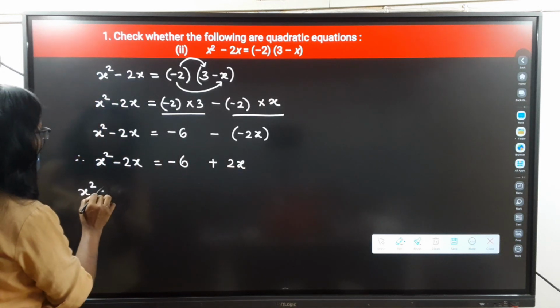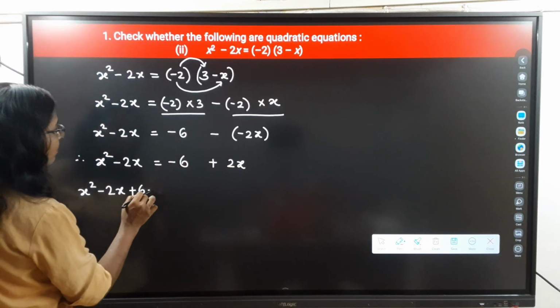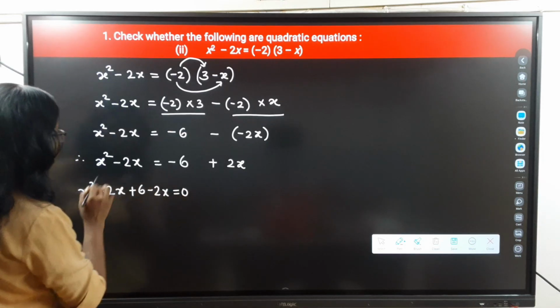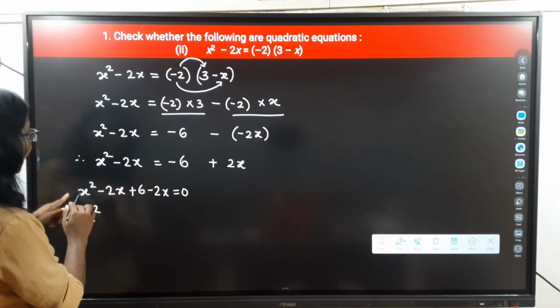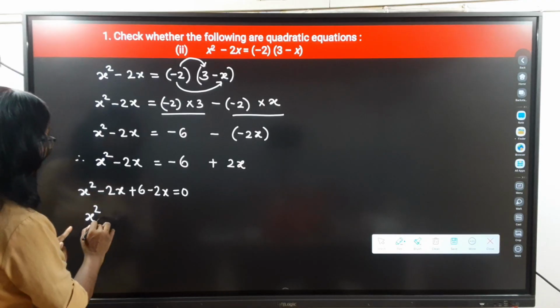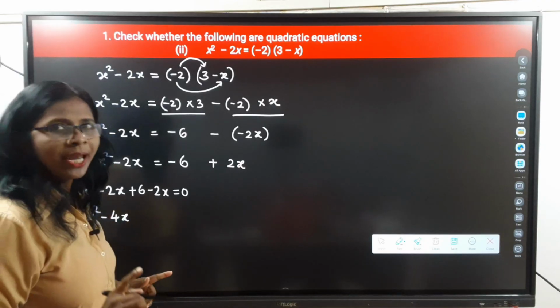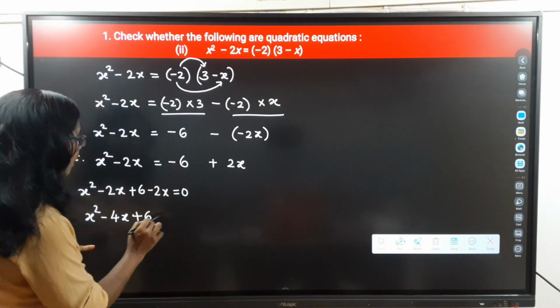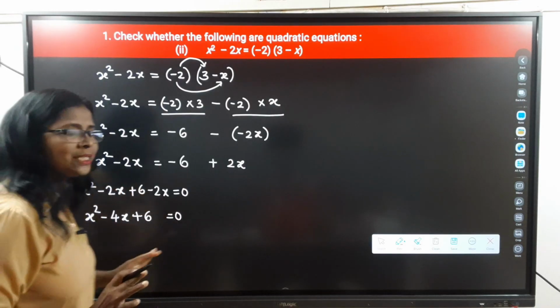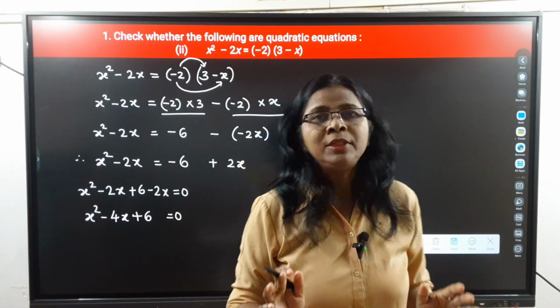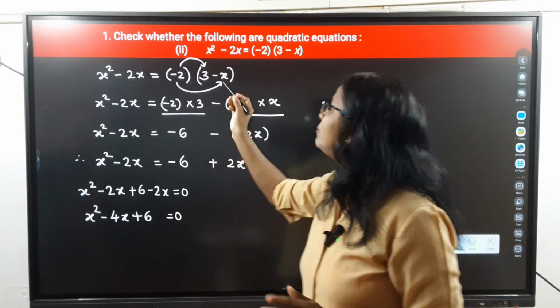So it will be x² − 2x + 6 − 2x = 0. Further we can simplify: x² − 4x + 6 = 0. This is the simplest form of the given equation.